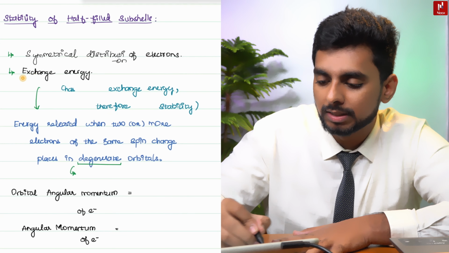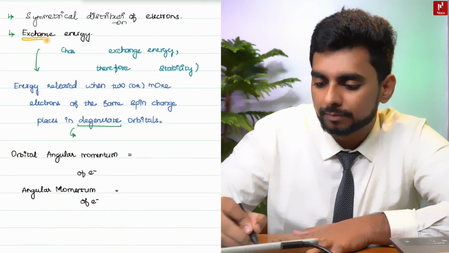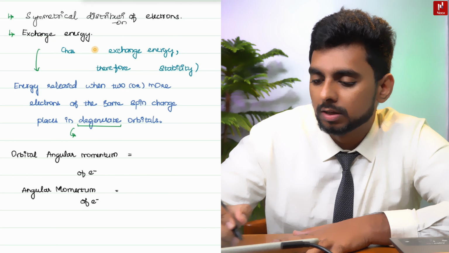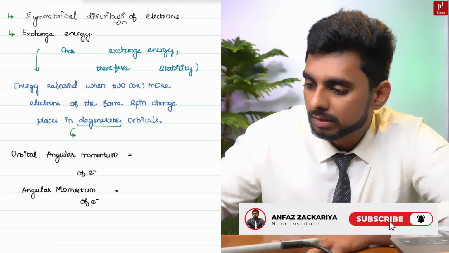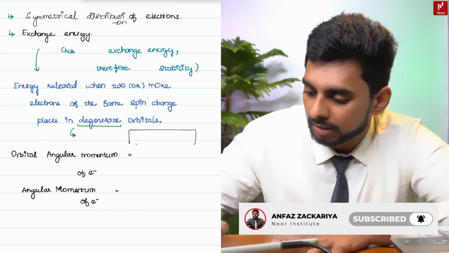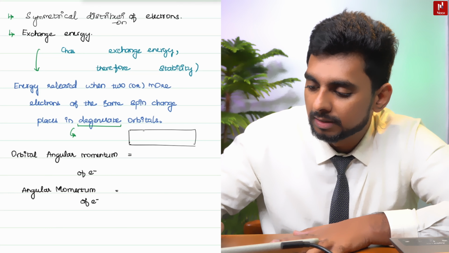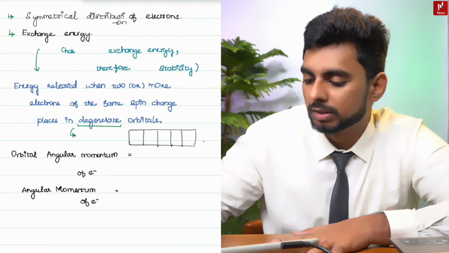And the second point is exchange energy, right? This will be a valid argument. In the case of exchange energy, let me draw a d subshell. In the d subshell you will have 5 different orbitals, isn't it?